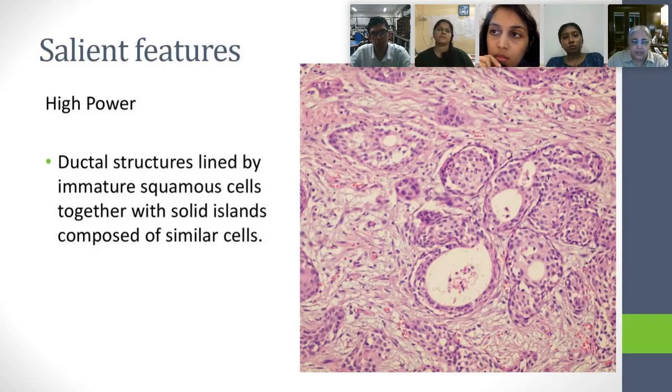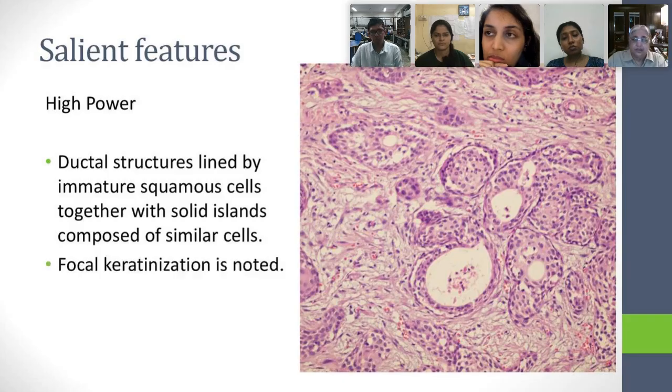Look at these cells, and these are intermediate cells. Okay, they are like immature squamous cells. And then, of course, you have these cribriform areas and solid islands composed of this sort as well as keratinizing cells. Yes or no? Focal keratinization is noted.